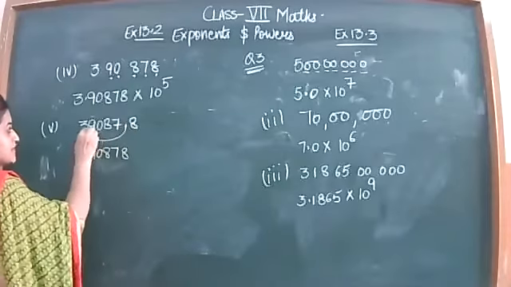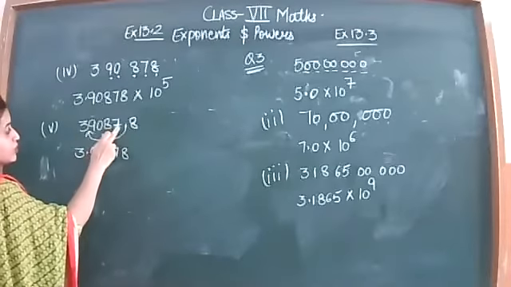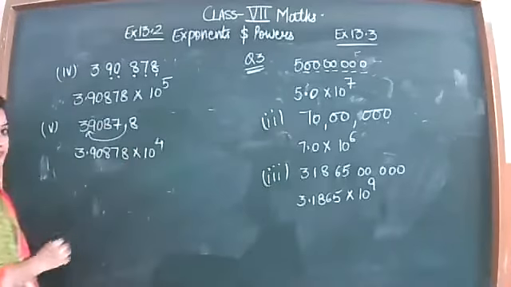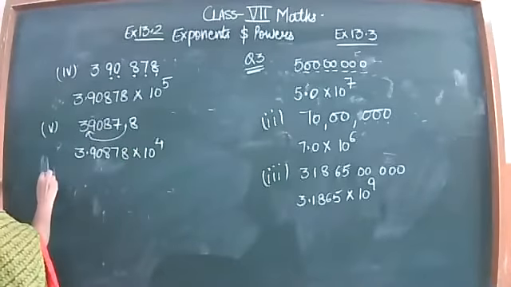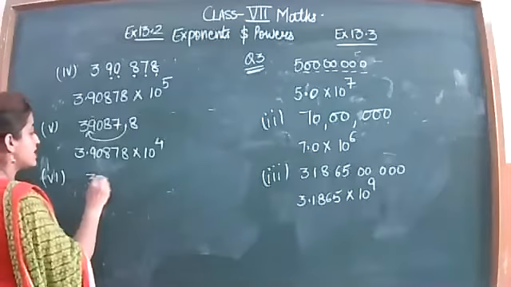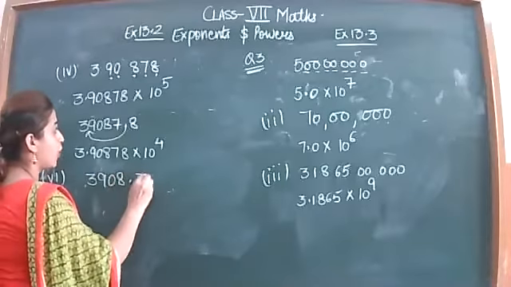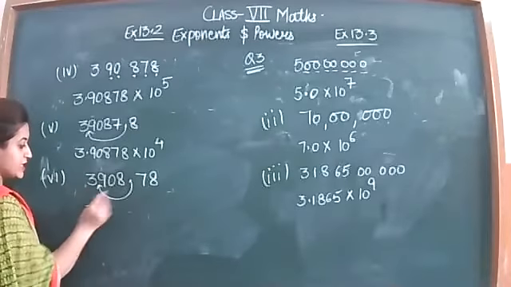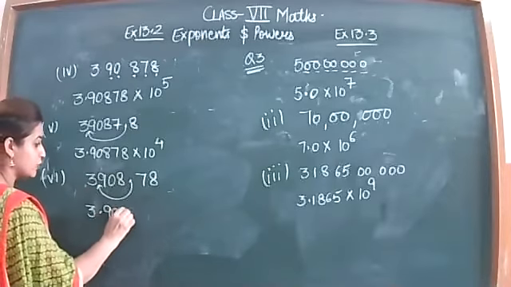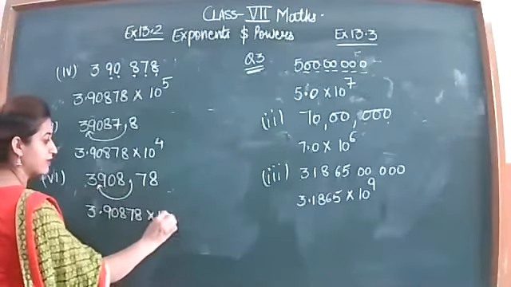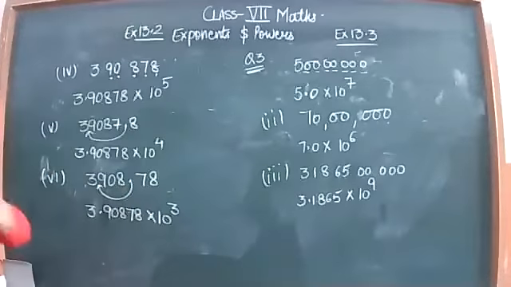This decimal we have shifted here. So count the digits 1, 2, 3, 4. 10 raised to power 4. Next, 3908.7. You have to shift this decimal here. 3.9087 into 10 raised to power 3.